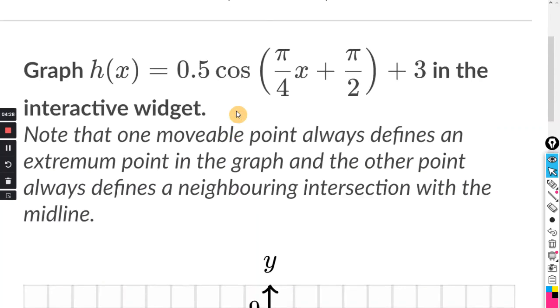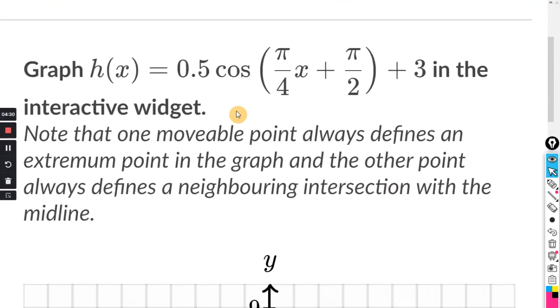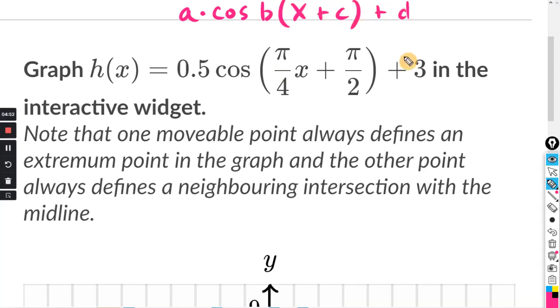All right. And now the phase shift is a tiny bit tricky. We need to get this equation in the form of A times cosine of B times x plus c, plus d.